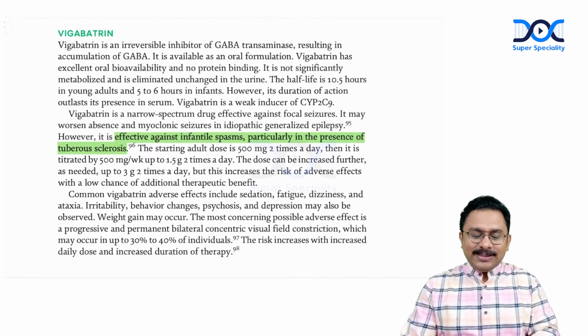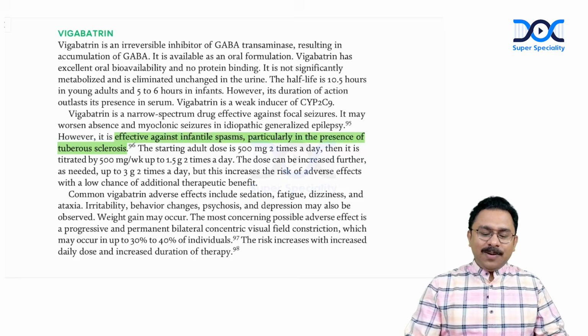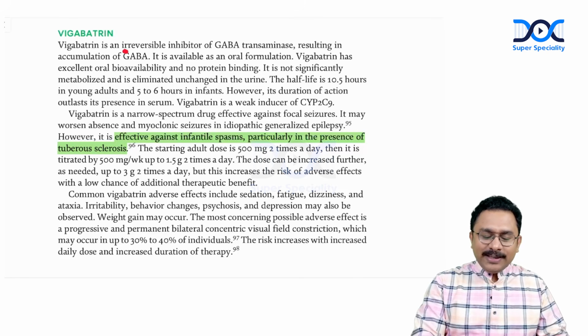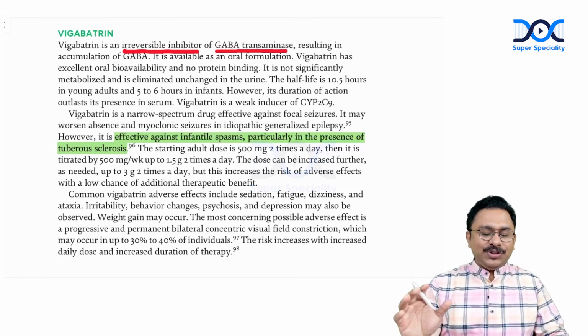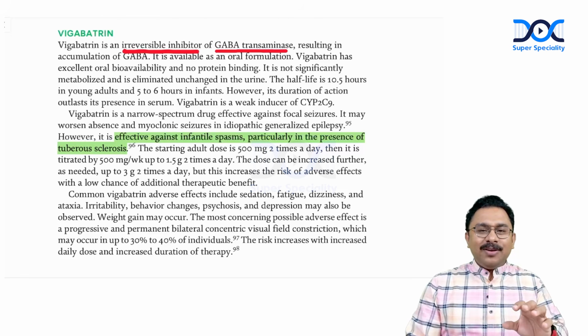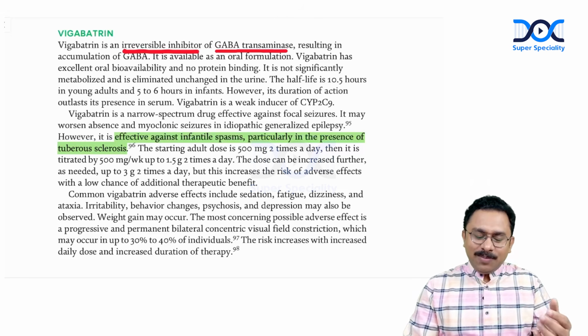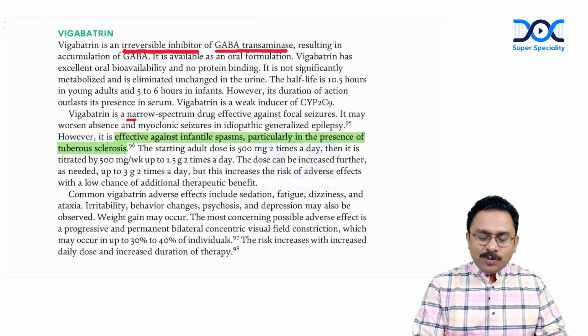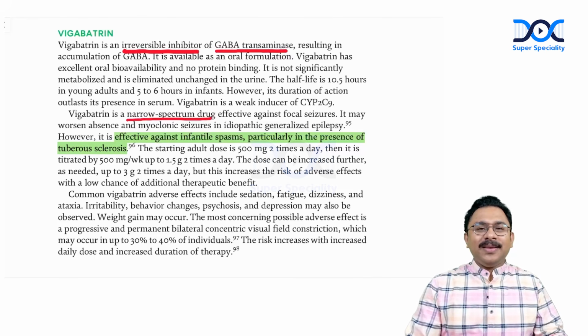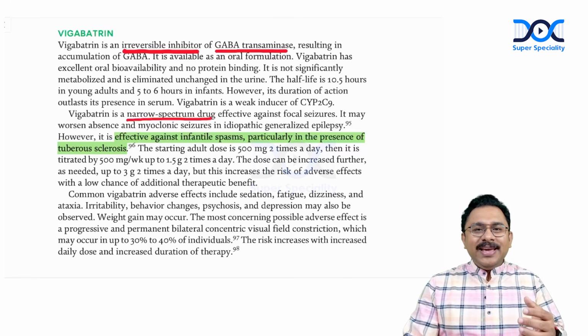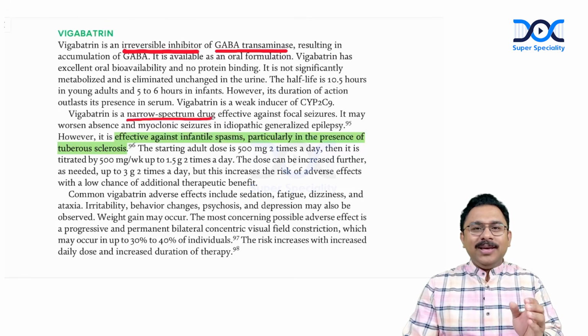So you look at this, vigabatrin, the anti-epileptic, as you all know, is an irreversible inhibitor of GABA transaminase. Now, as an anti-epileptic drug, it's a narrow spectrum anti-epileptic drug. So, what is the use of vigabatrin? Mostly as an adjunct in epilepsies which are not responding to the first line and second line treatments.